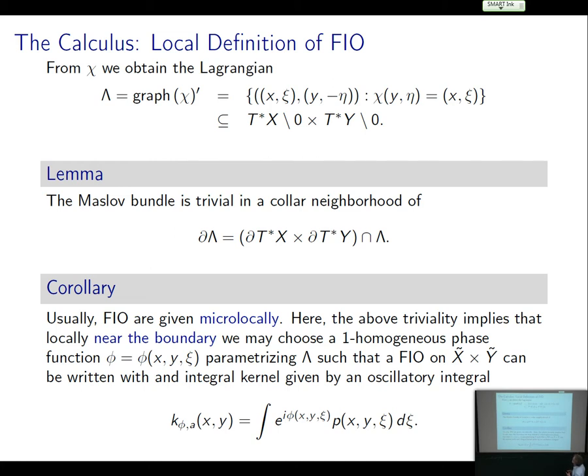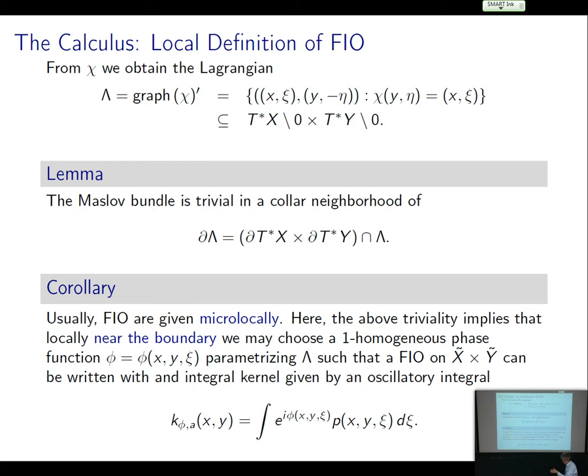These Lagrangians are prescribed by a phase function. There's a basic theorem by Hörmander saying once you have such a Lagrangian, you find a phase function which parametrizes it. But the first observation we have here is, we spoke about this Maslov bundle, that is crucial here. The Maslov bundle is trivial in a collar neighborhood of the boundary of this thing.